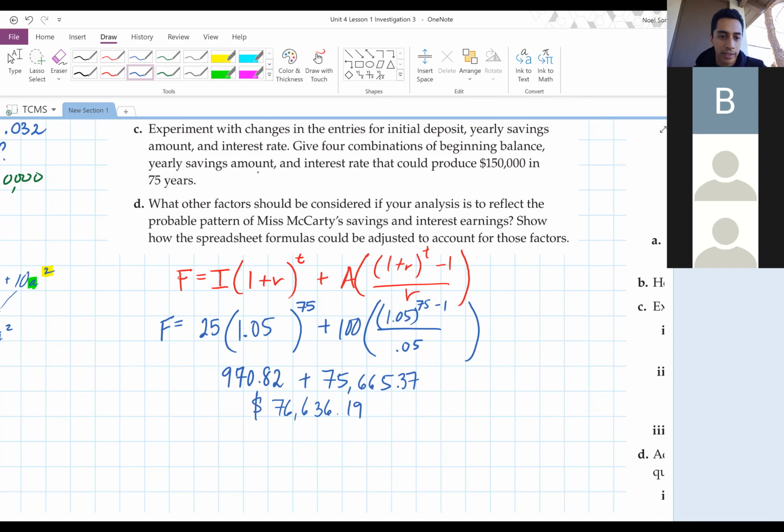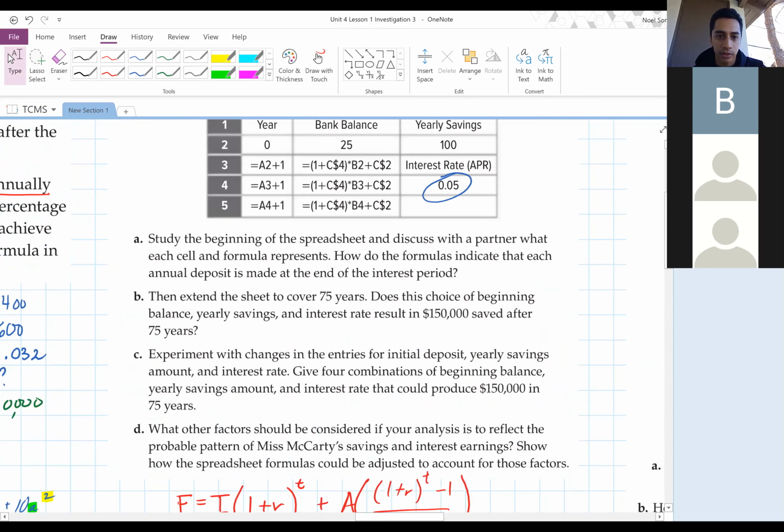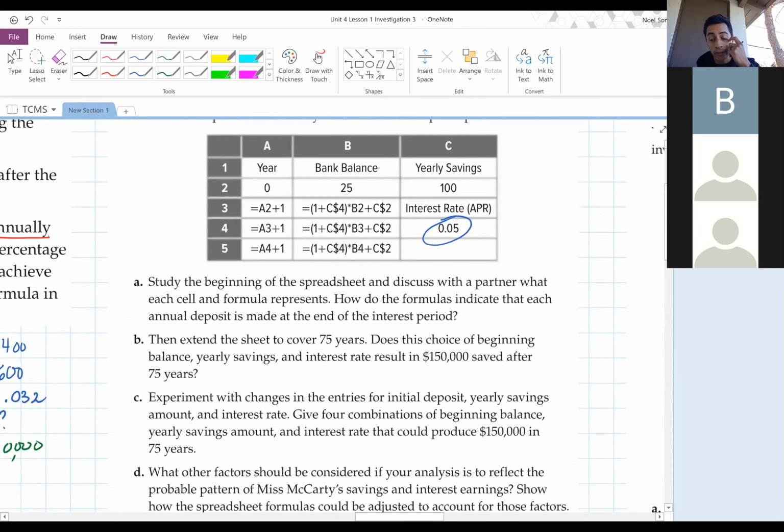So this is the part right now where you can go ahead and unmute yourselves and let me know what you think. Which one factor should be changed: the starting bank balance, the yearly savings, or the interest rate? What do you think could be changed there to help her get to her goal?